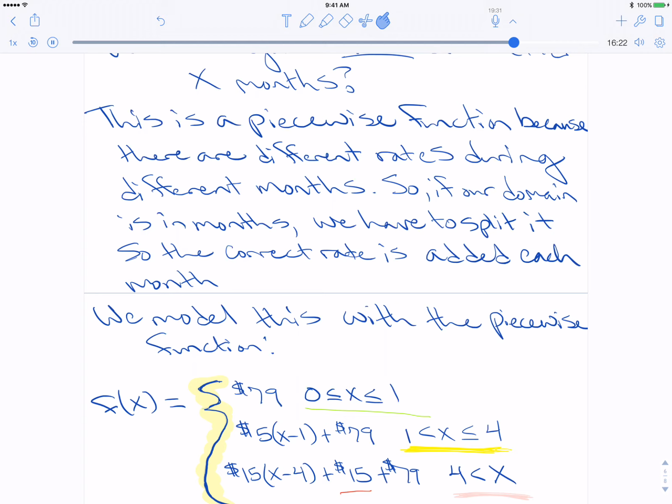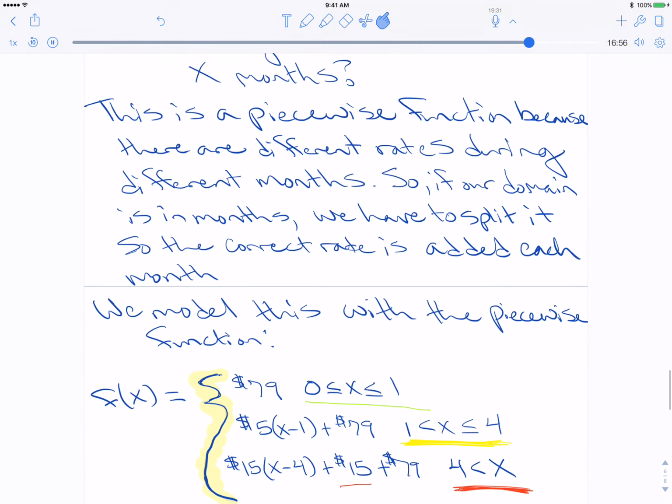The 15 is multiplied by an x minus 4 because when x is equal to 4, which is not happening yet, that was still the $5 per month. So I don't pay the $15 in the 4th month, I pay it after the 4th month. So the 5th month is the first one that it actually hits. Plus the 15, plus the 79, and I define the rest of the domain, right? Anything after 4 months is going to correspond to this equation, okay?